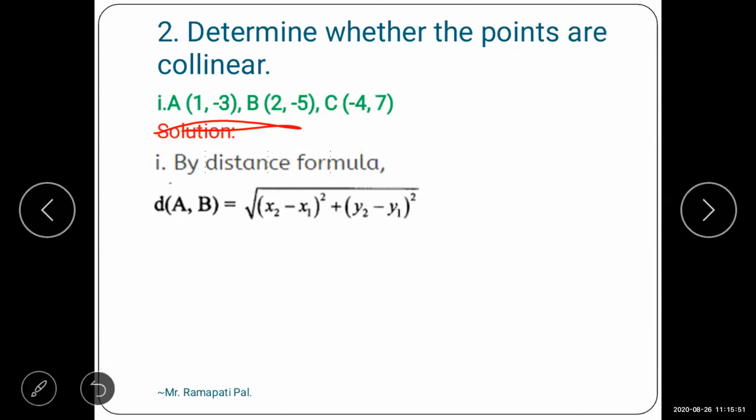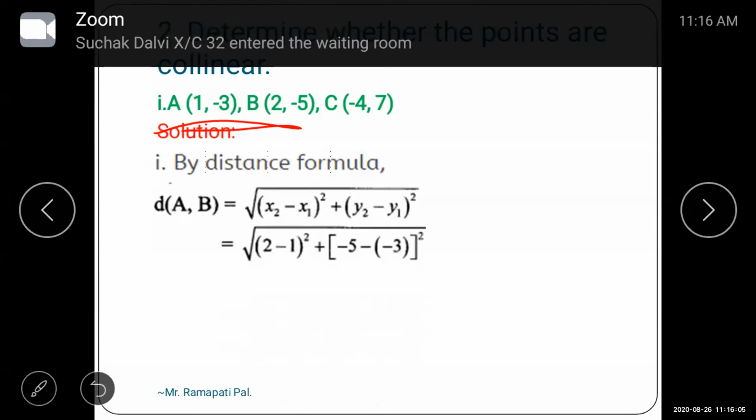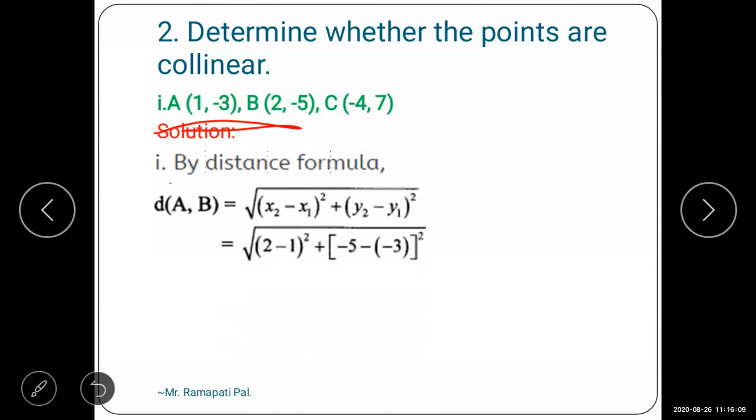Distance AB is equal to root of (2 minus 1) whole square plus (minus 5 minus minus 3) whole square.